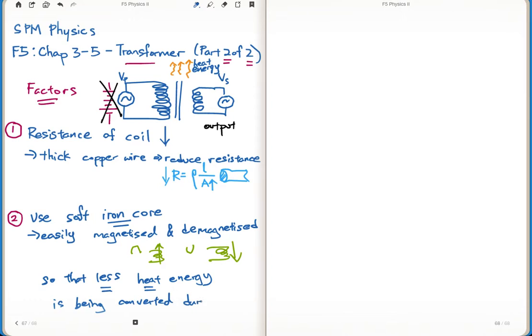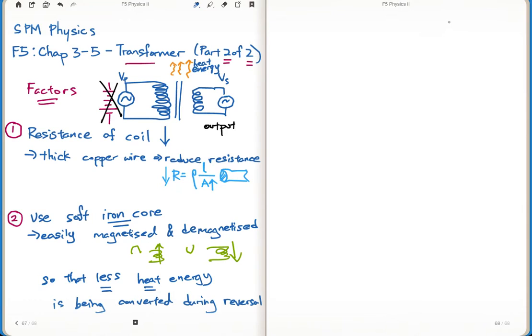This is something that you can't see, but that's the benefit of using a soft iron core.